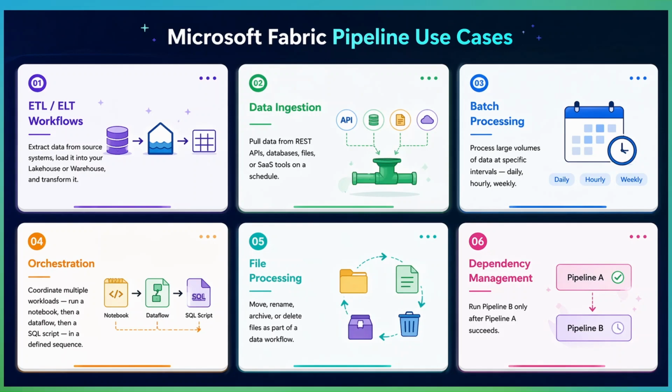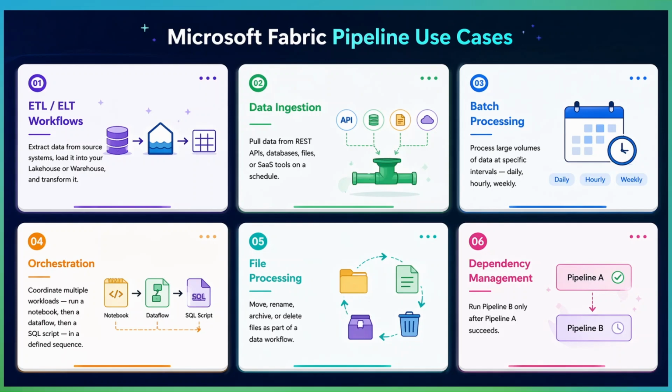So the first one is the ETL or ELT workflow. This is basically taking raw data from the source system and loading it into a central place like a lakehouse or warehouse, and then transforming it into a clean, usable format. We can use it in both ETL (extract, transform, load) and ELT (extract, load and transform) workflows.